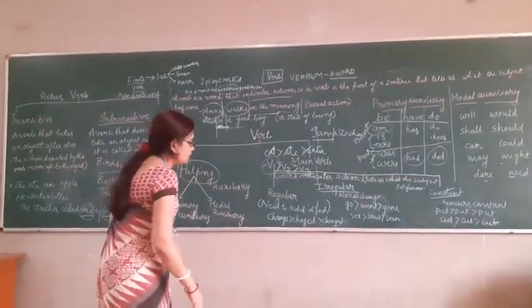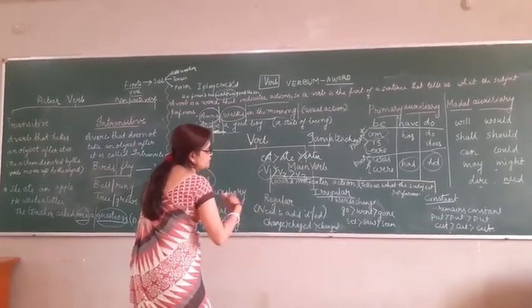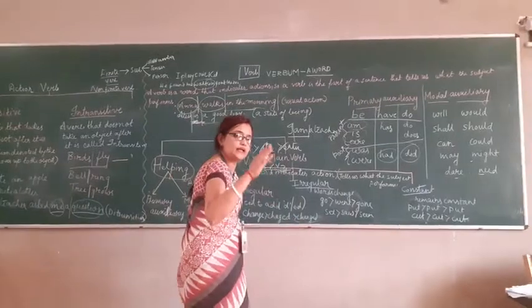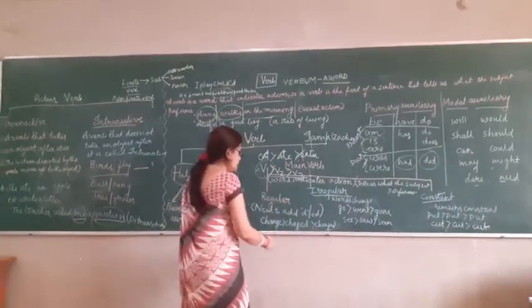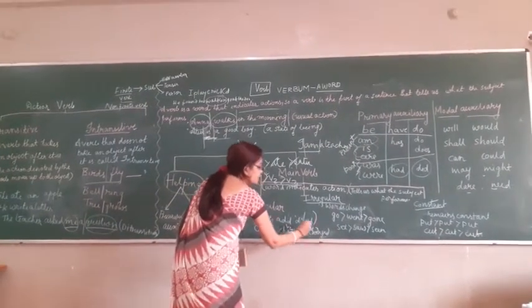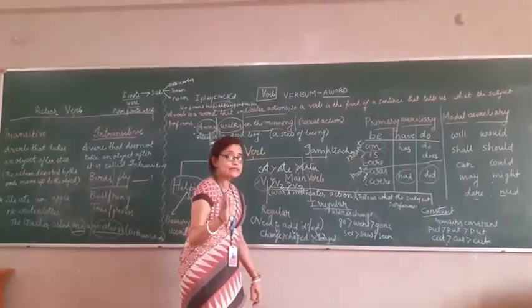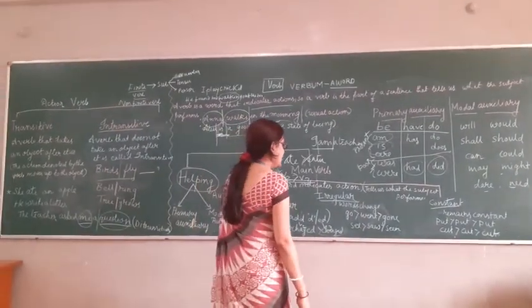So for V2 we will go for change, changed, changed. Only adding ED will do. If we add ED, then it will change to V1, to V2, to V3. So the need is either D or ED, right?